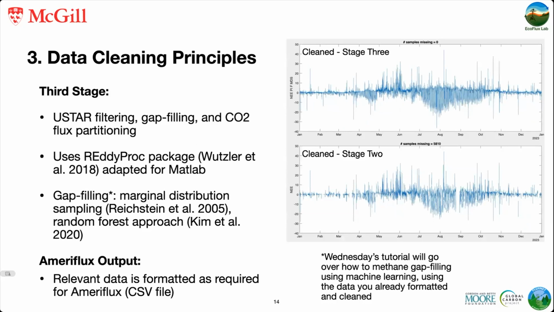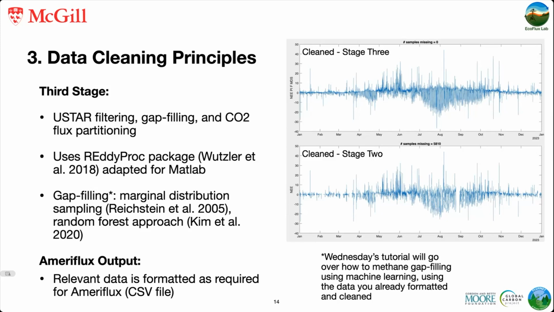So moving on to the third stage, this includes U-star filtering, gap filling fluxes and met variables that still have gaps after stage 2, and also CO2 flux partitioning. To do this, we use the REddyProc package, and we've adapted this for use in Matlab, so you can basically work exclusively in Matlab.